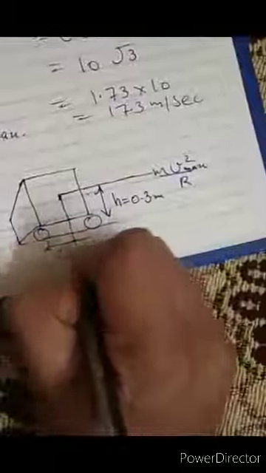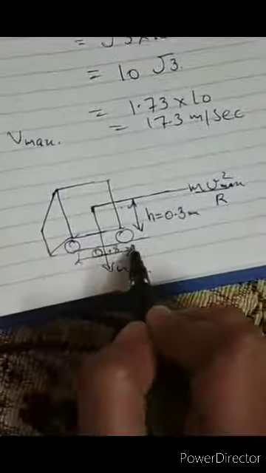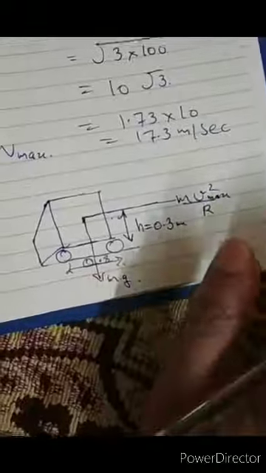Fine. And the distance between the wheels they have given, the distance between the wheels is 0.8 meter. So this is 0.8 meters. Can you see? This is mg, this is mv square by r.